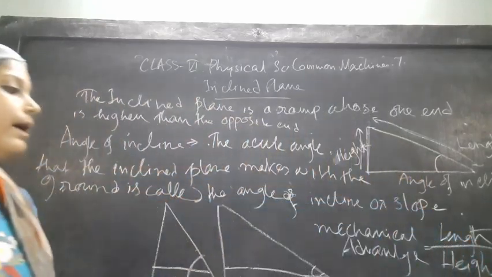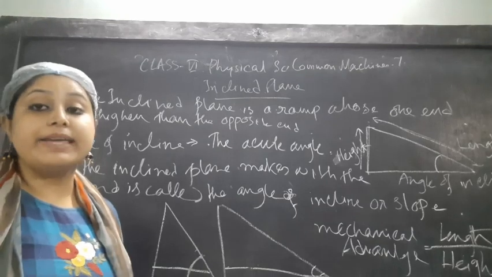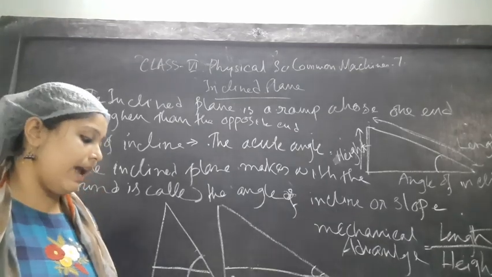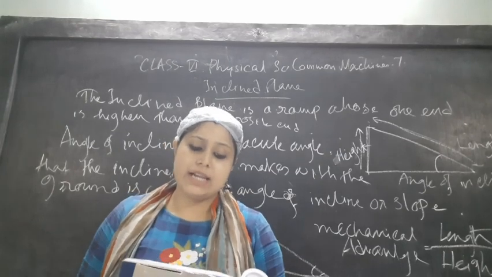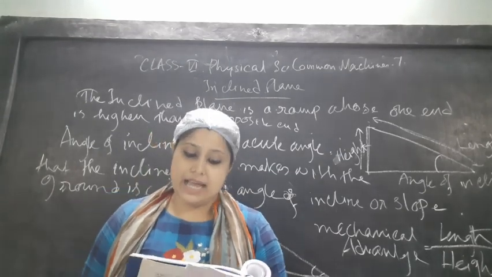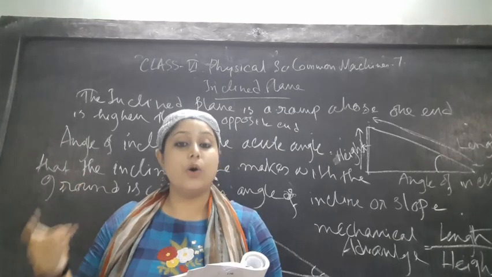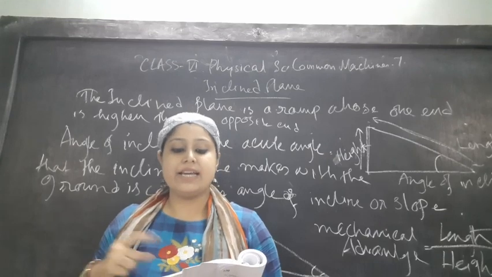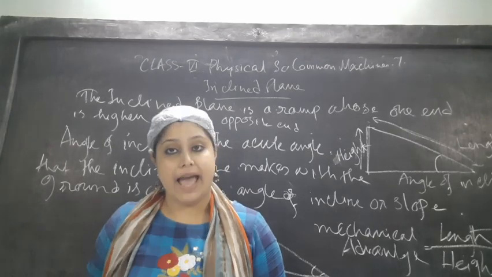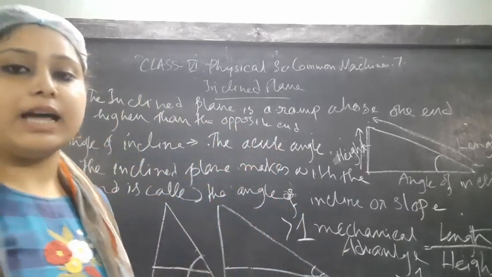Understood? So the length divided by the height will be the mechanical advantage of this inclined plane. The length of the inclined plane is greater than its height. Hence, by applying a smaller effort, a big load can be raised. The inclined plane has a mechanical advantage always greater than 1.